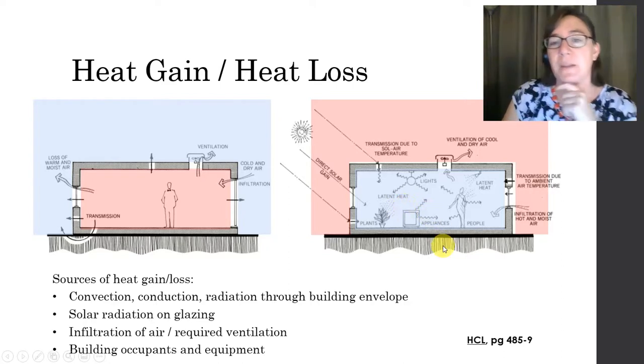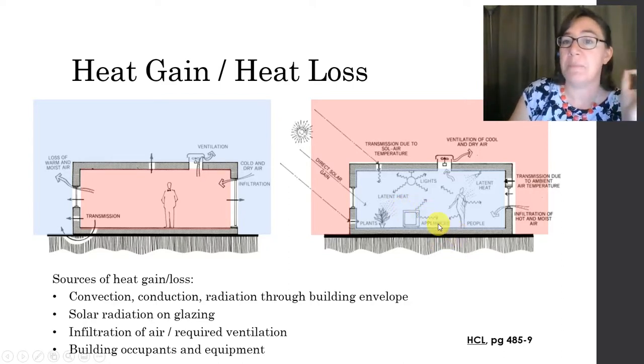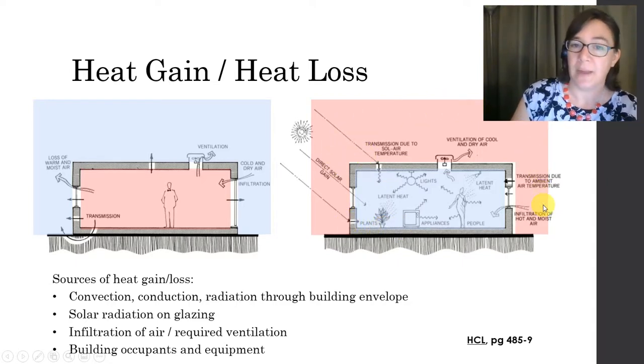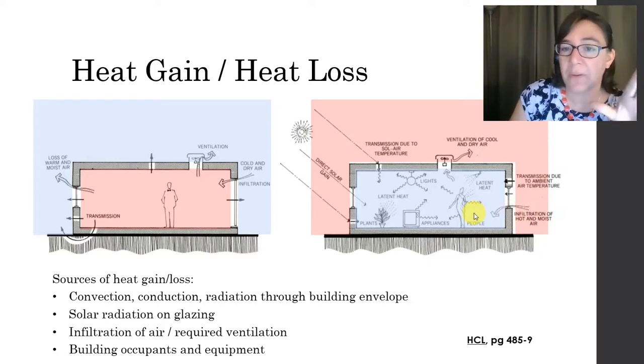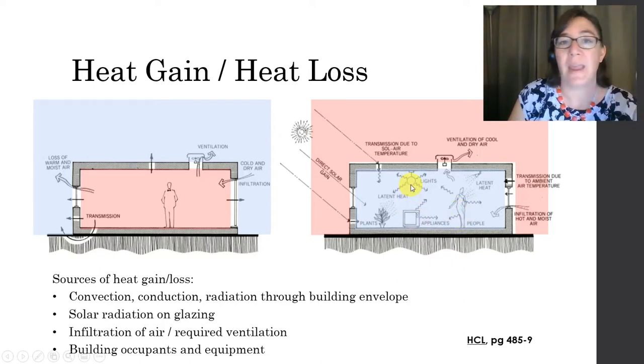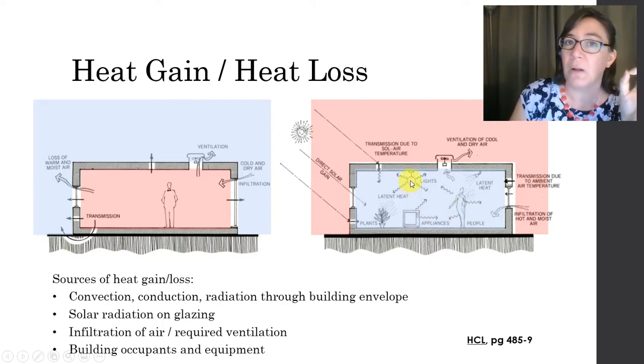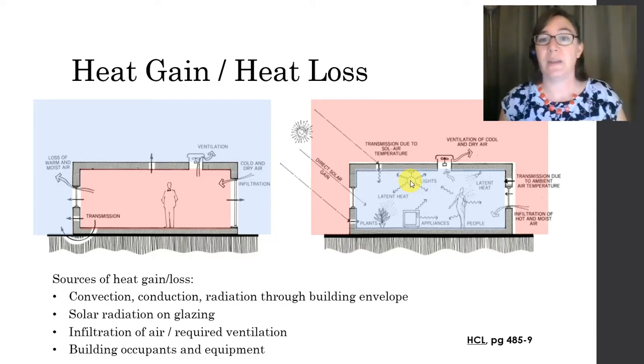Moving on to the right-hand side, here we have perhaps a building in summer. It's got cool air inside and warm air outside. And how is it gaining heat? We want to keep the heat out. It's gaining heat from the people and appliances and light fixtures all inside. Those all produce heat.